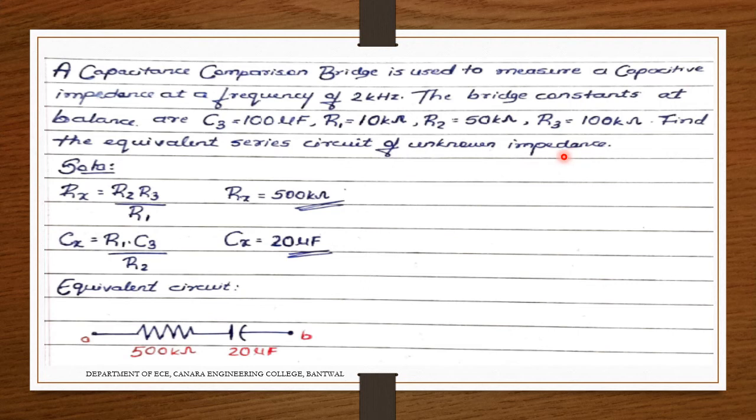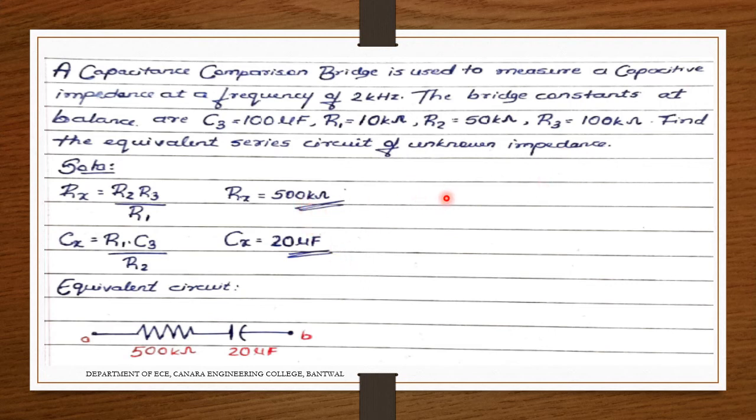As per the capacitance comparison bridge, what we have derived, there is a different formula to find R and to find C, because we need to find R and C. Impedance is what together?